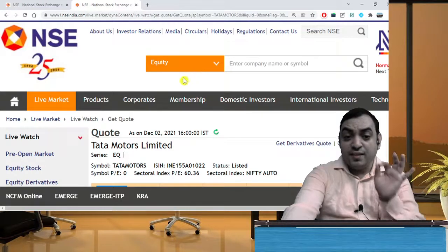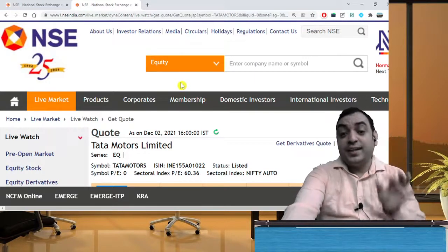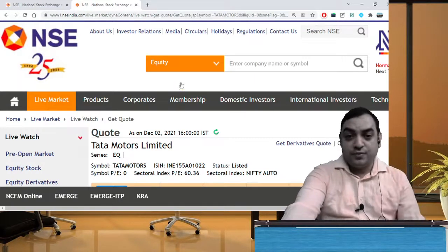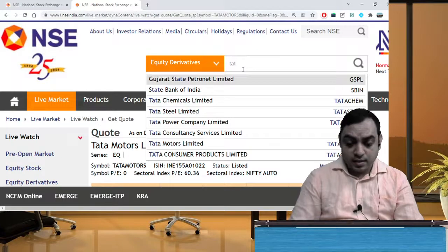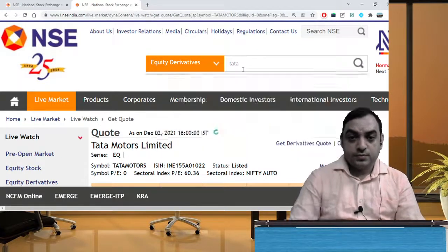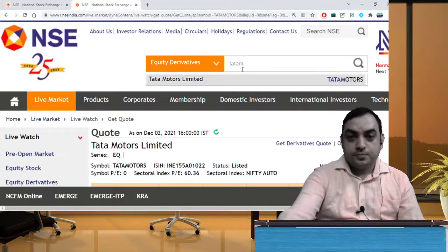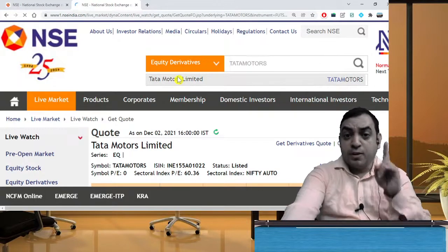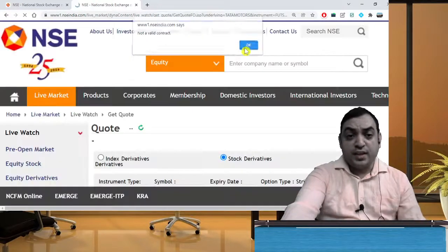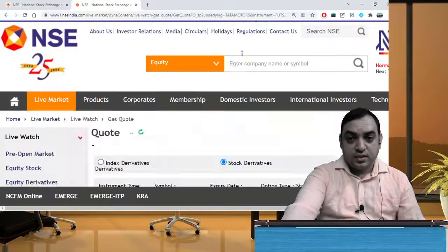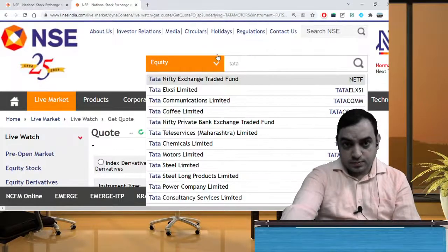Next we have the equity derivative segment. It's a separate market by itself. And there I'll select Tata Motors. Remember, the spot market was 478.5. Why is it not showing?